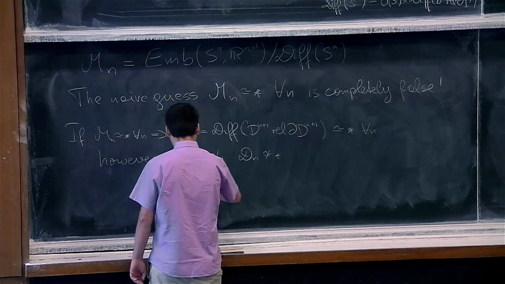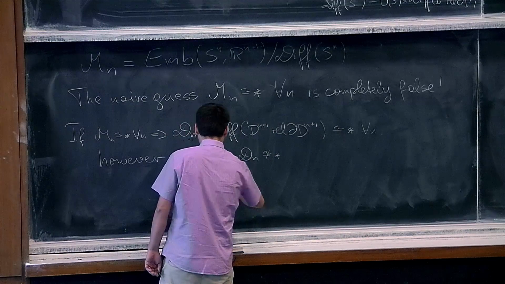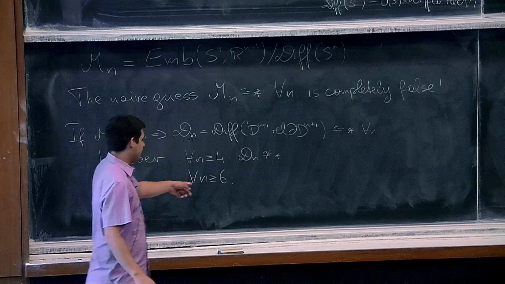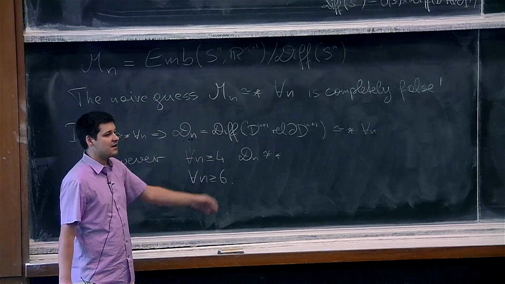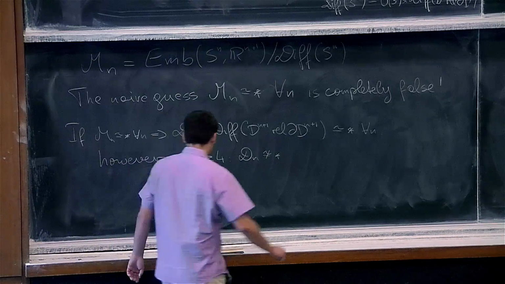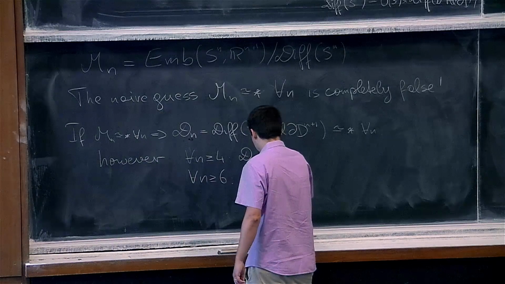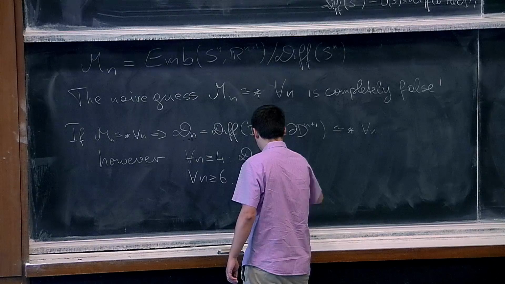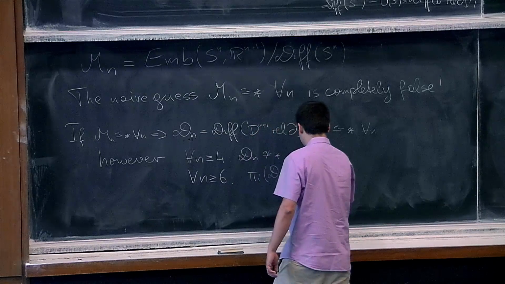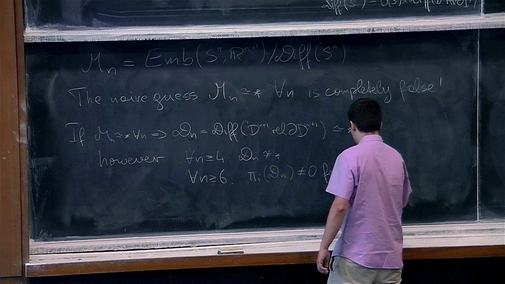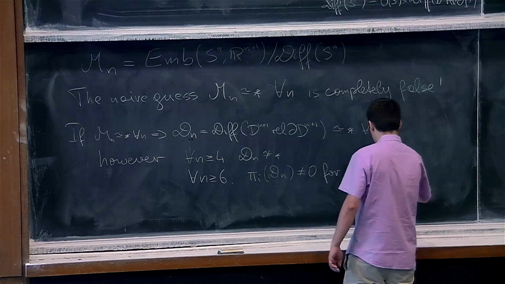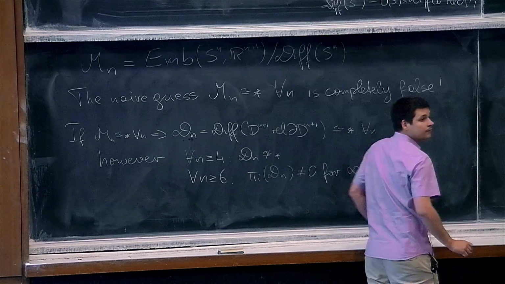And even more strikingly, for every n bigger or equal to 6, there are actually infinitely many non-vanishing homotopy groups. Pardon?